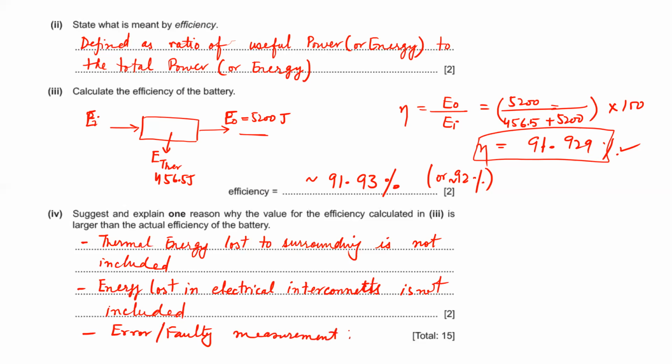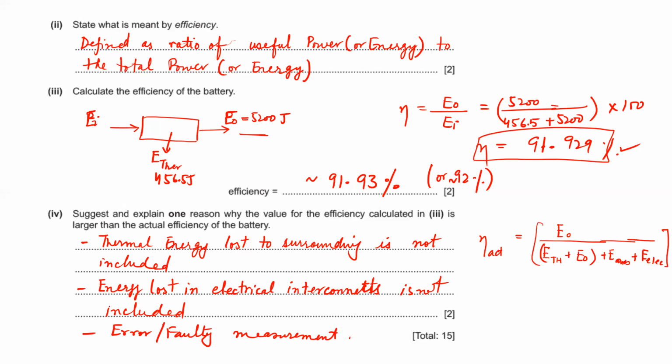So suggest and explain one reason why the value of energy efficiency in 3 is larger than the actual energy efficiency of the battery. If you have to calculate the actual energy efficiency, you would take E out divided by E thermal plus E out, which is what we used, plus E ambient plus, say, E electrical.